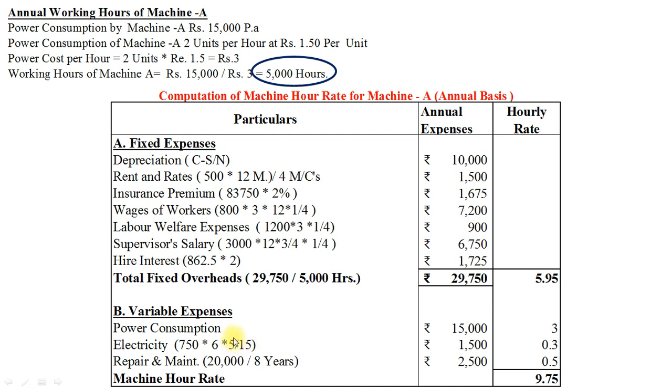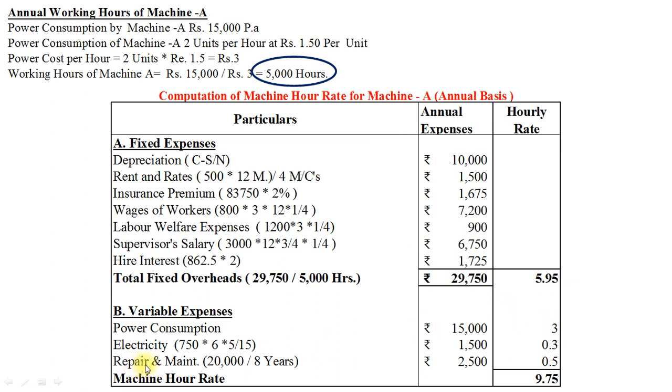Our machine A uses 5 light points out of total 15 light points. So it amounts to rupees 1500, and per hour 0.3, that is 1500 divided by 5,000 hours. And power consumption 15,000 divided by 5,000 hours is equal to rupees 3.